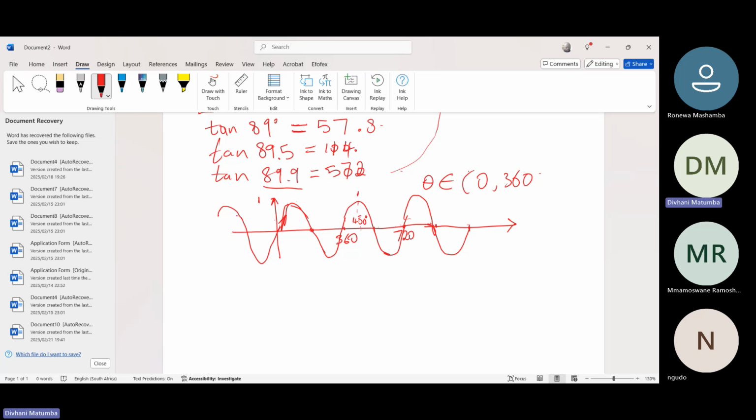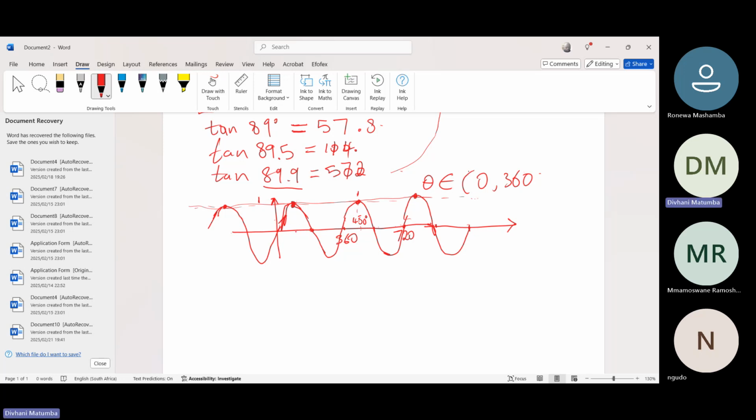What we're going to be dealing with when we do general equations is to be able to find an equation which generalizes all the points that you will get after drawing a horizontal line.